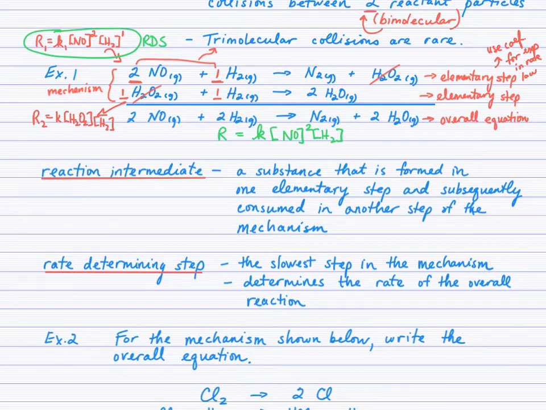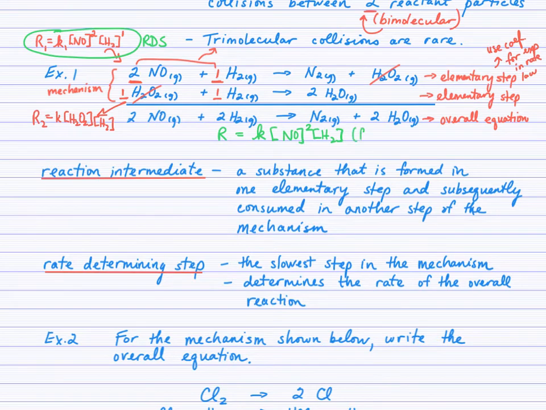So if we had a table of rate experiment data, we would determine the exponents in the rate law and find that it's second order with respect to NO and first order with respect to H2.